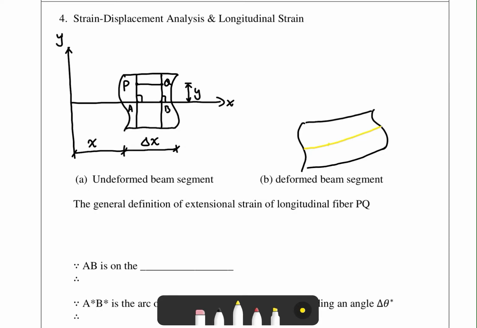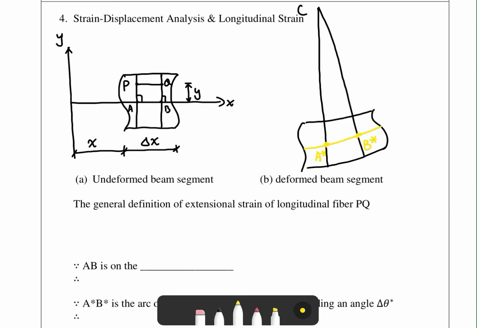So now it might go to different locations, like A star and B star here. After the deformation, the whole thing is kind of curved around a center. So it might have a curvature kind of like this. I didn't draw that passing the B point, but you understand this.